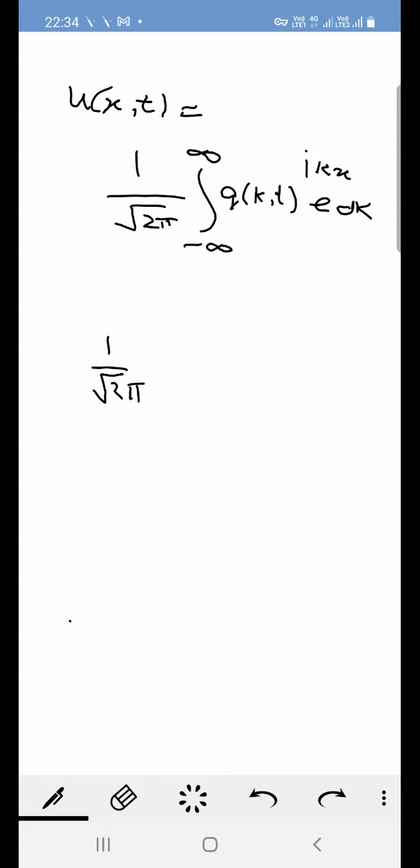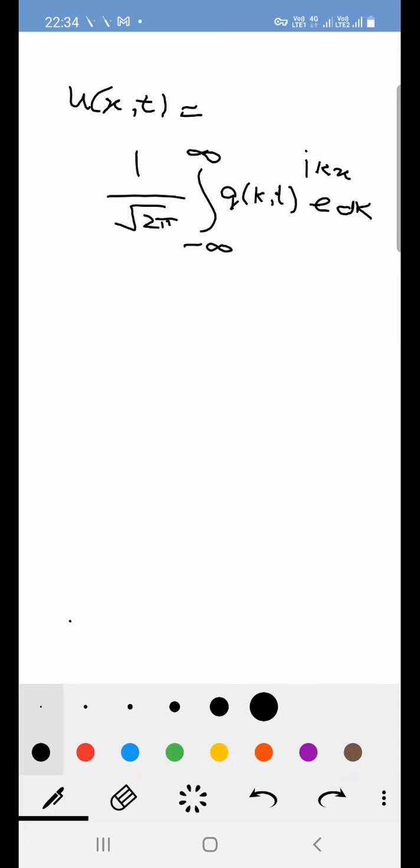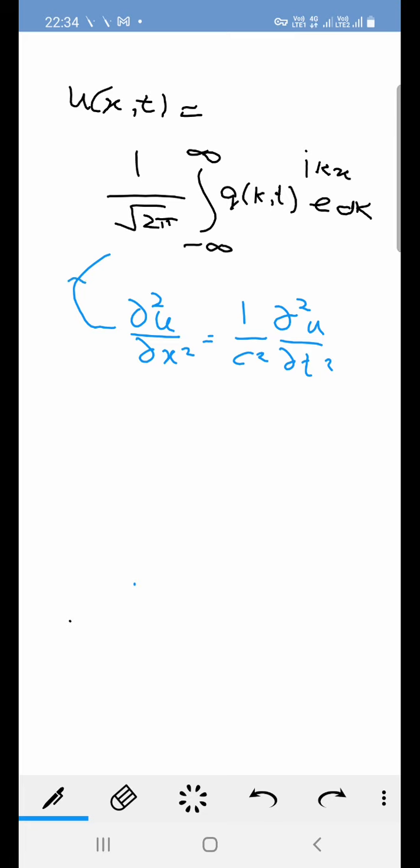That means we shall be using this equation: del square u by del x square is equal to 1 by c square del square u by del t square. We will substitute this in this format.